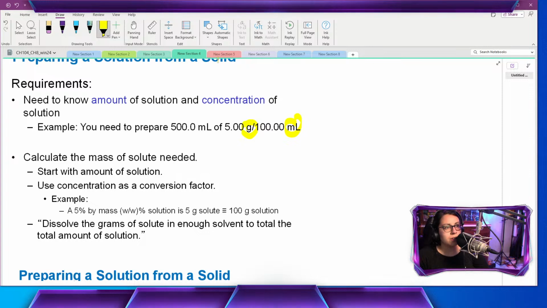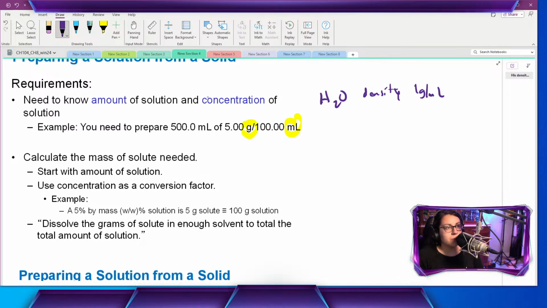Then we can use our conversion factor. This one is easy, but there are different ways to say this. For water, and this is important because this is only for water, water has a density of 1 gram per milliliter. So you can go back and forth pretty easily.